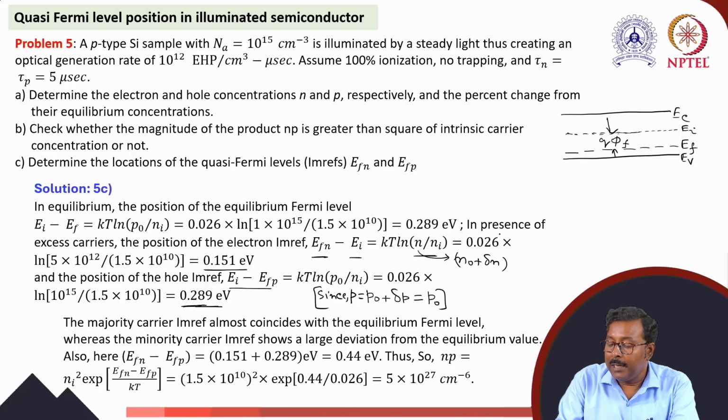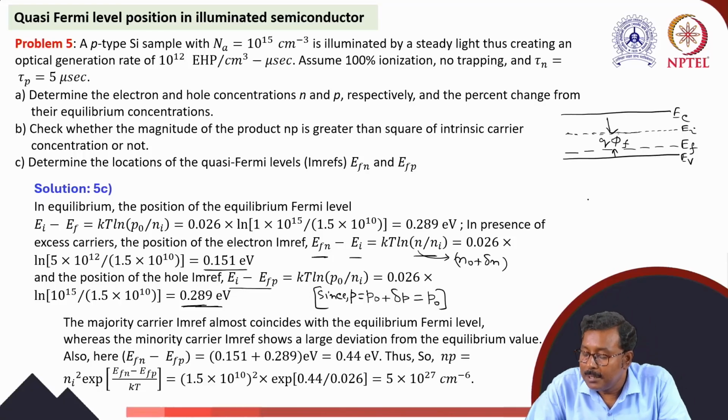Same as the equilibrium Fermi level; if you take more decimal points, a slight difference may be obtained. That means the quasi-Fermi level for hole is almost at the same position as the equilibrium Fermi level.